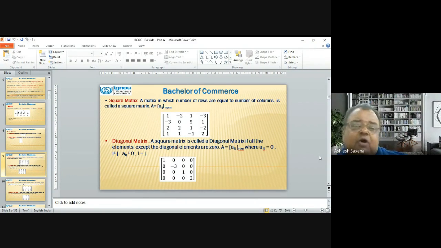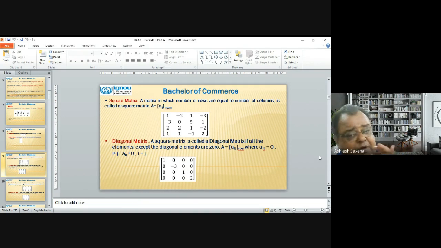Now, we talk about diagonal matrix. A diagonal matrix is no doubt a square matrix in which diagonal elements are there. In the given figure, you can see that 1, -3, 1, 2 are the elements in the diagonal position only, and all the rest of the elements are 0.